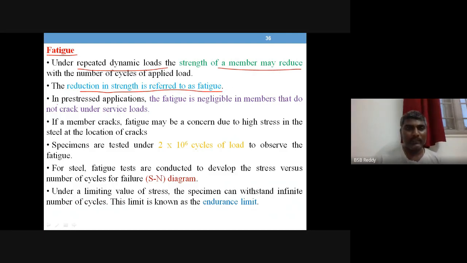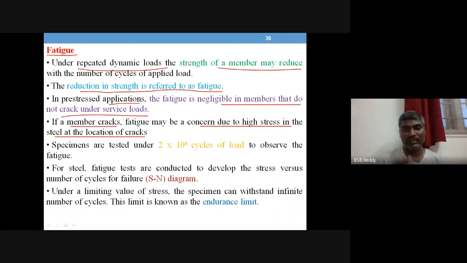In pre-stressed applications, fatigue is negligible in members that do not crack under service loads. If the member cracks, fatigue may be a concern due to high stress in the steel at the location of cracks. So only for cracked members.